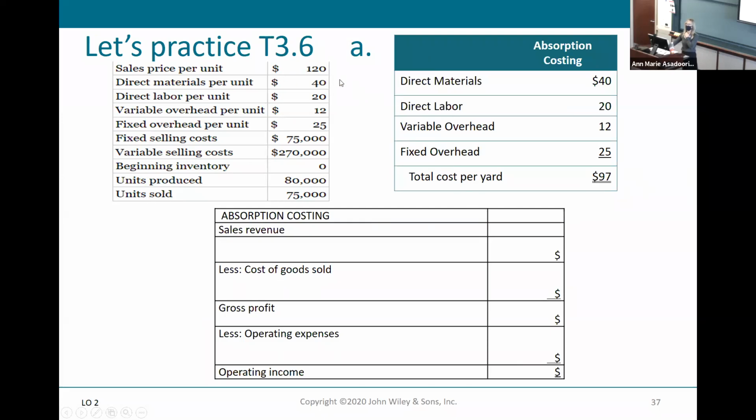Selling price is 120, and I'm selling 75,000 units. So I'm looking at sales. Here's your cost of goods sold, matching the cost of making the units that you also just sold. Then you get your gross margin or gross profit. Here are your operating expenses. And you have your net income.